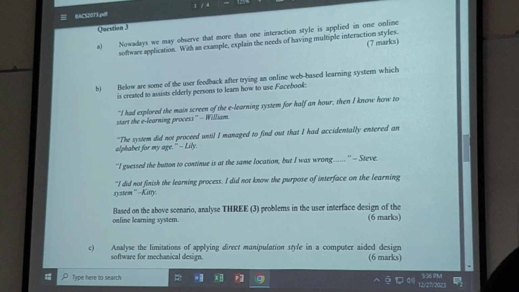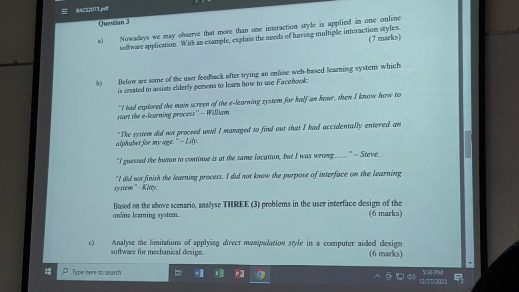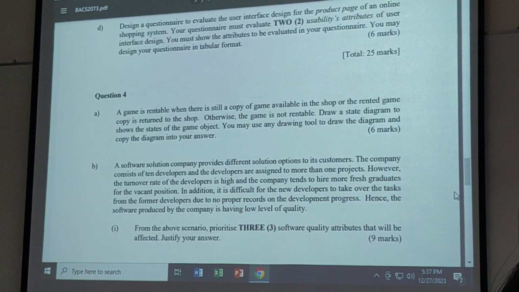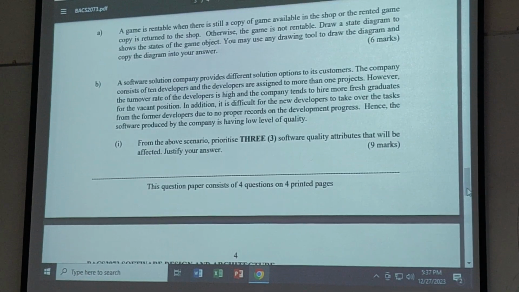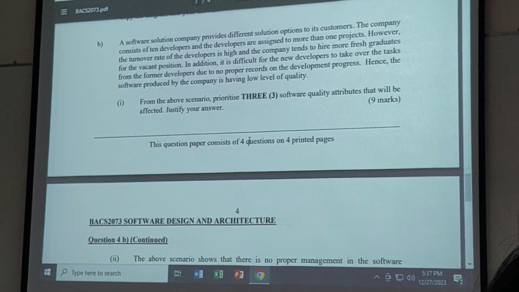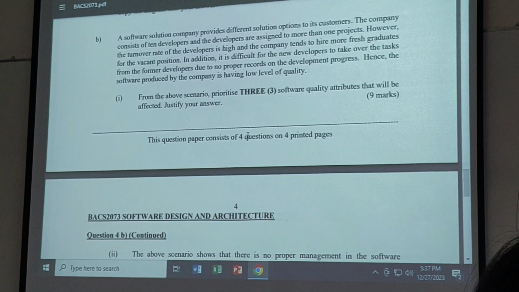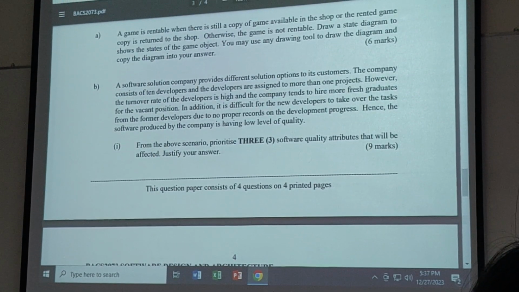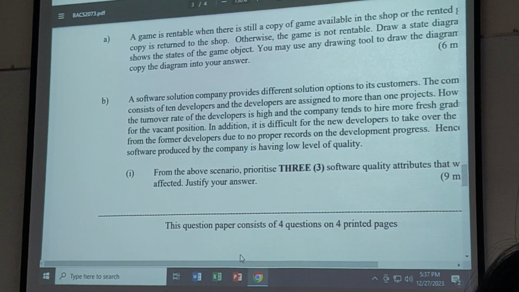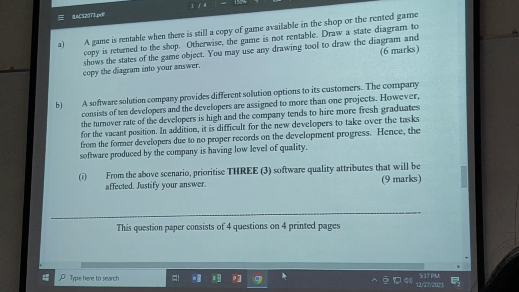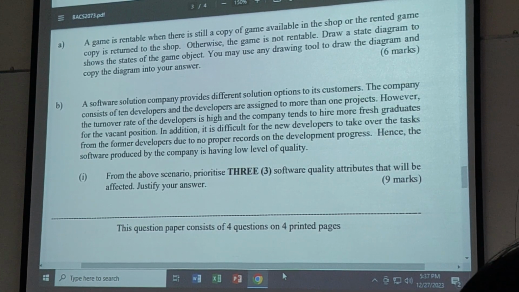Yeah. And let us start another one. B1, 9 marks this one. Quality attribute. You can make use of your SQAT also.